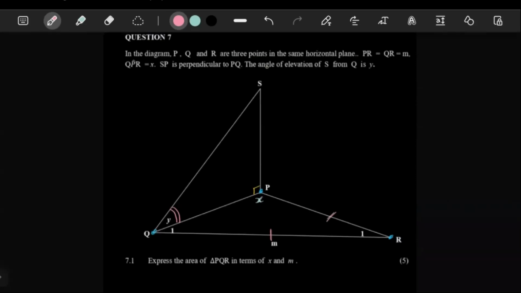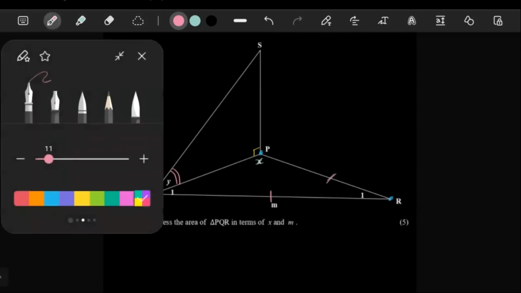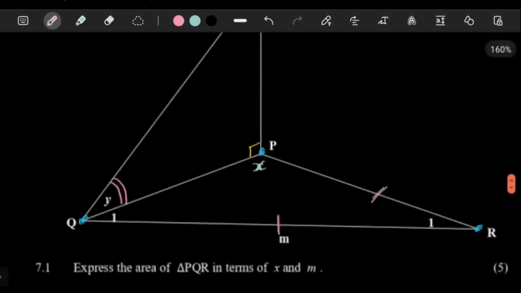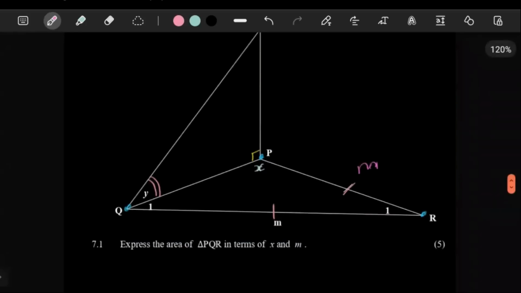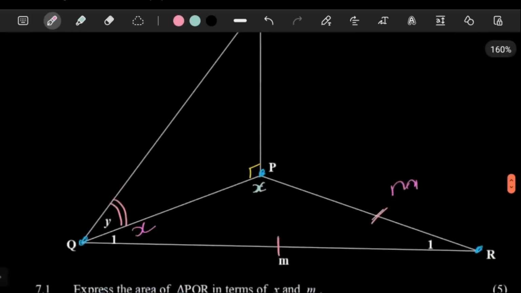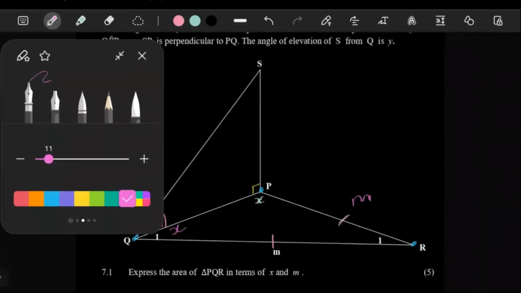Well, getting the area in terms of X and M doesn't sound so bad, but for 5 marks, we have to be careful. Fortunately, they told us that one side is equal to M, so this side is automatically equal to M. Now, if this is equal to x, this side is automatically equal to x because of angles opposite equal sides.